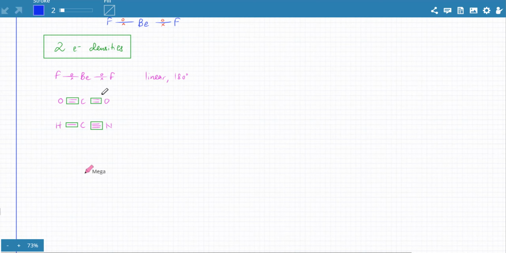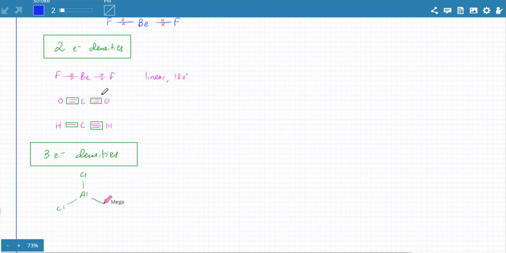First, let's move to three electron densities. If a molecule has three electron densities, how would it look? One example is AlCl3. It's going to look exactly like a fan. All three bonds would be as far away from each other as possible.